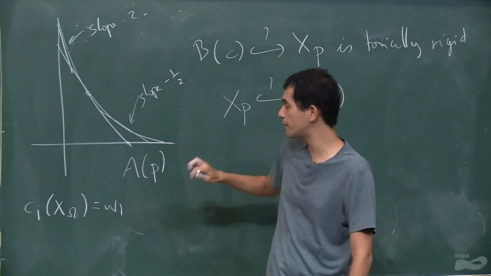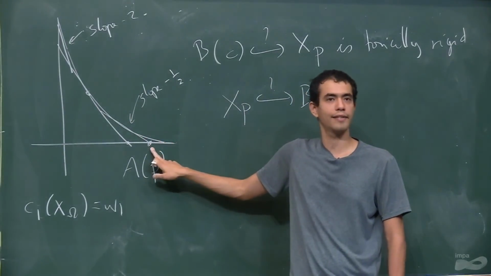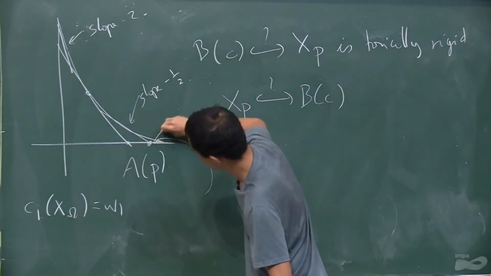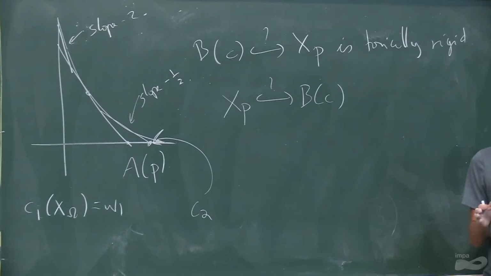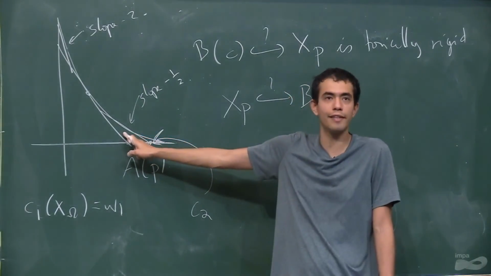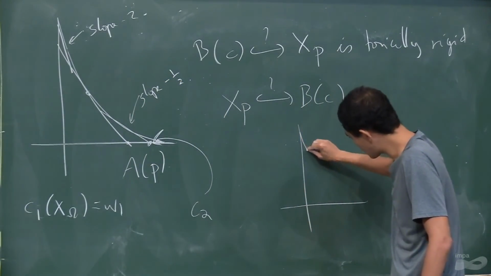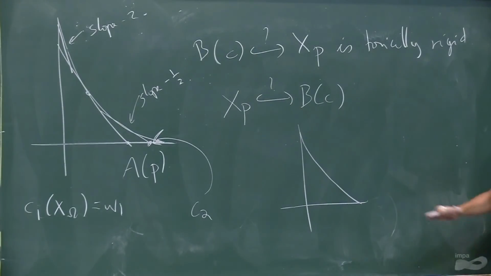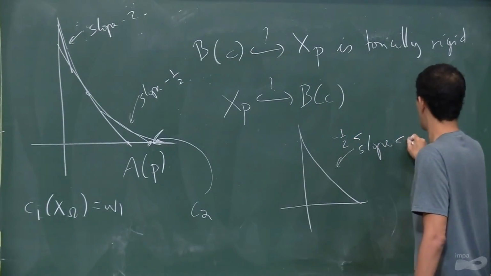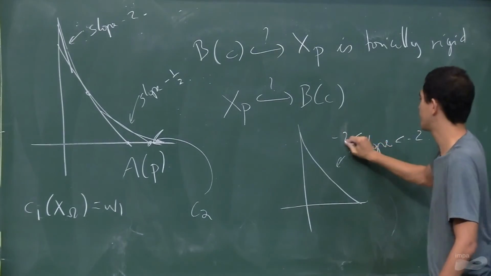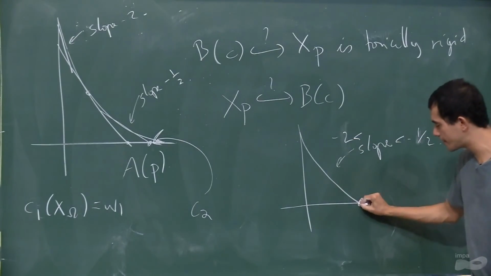Okay, it's a long story, but what you get is that C2 is going to be the intersection of this line with the x-axis. So this point here is the second ECH capacity. It turns out that if the slope minus 1/2 is not attained, that is, if you have a graph where the slope is not very far from minus 1, between minus 1/2 and minus 2, sorry, the other way around, then the slope is never attained, which implies that C2 is exactly this point.